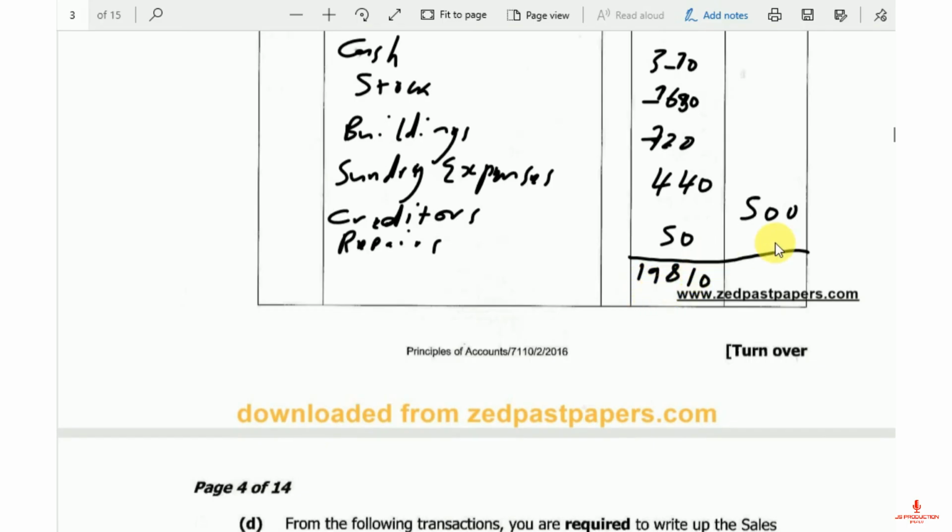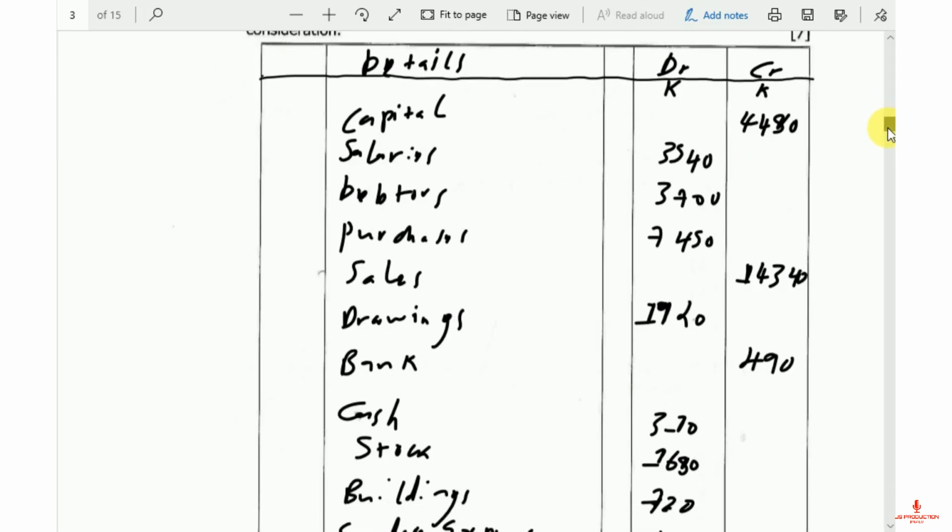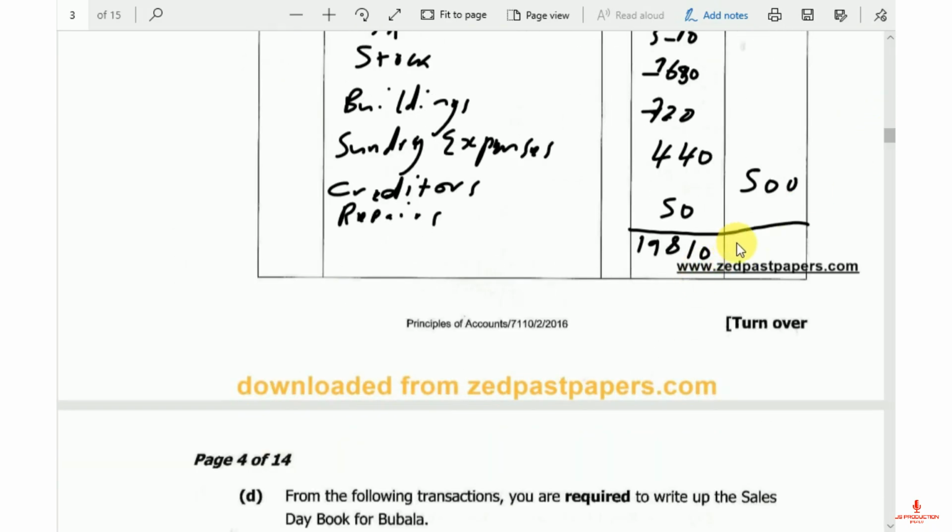And if we add the credit side, 4,480 plus 14,340 plus 490 plus 500, we are also going to have 19,810. And as you can see here, we have the same answer. That means that our trial balance has balanced.